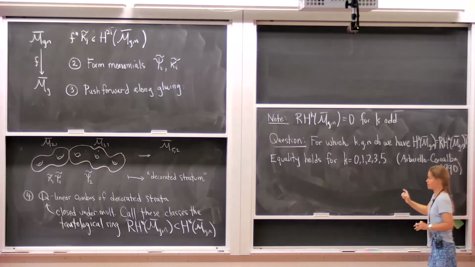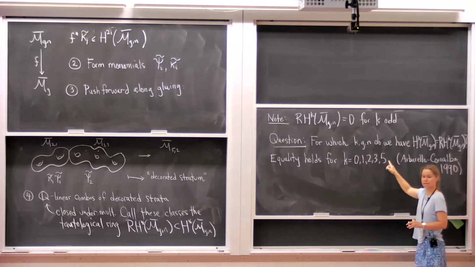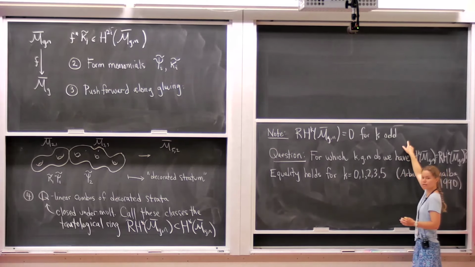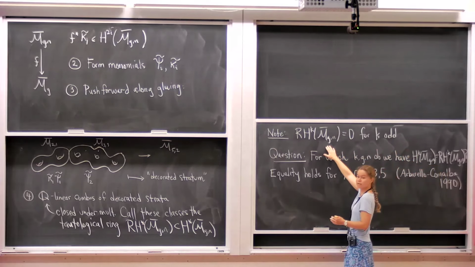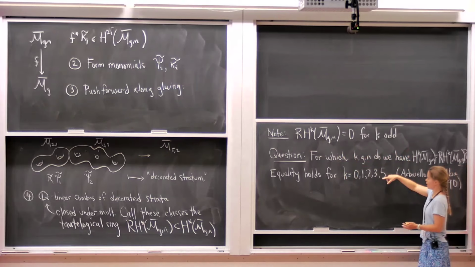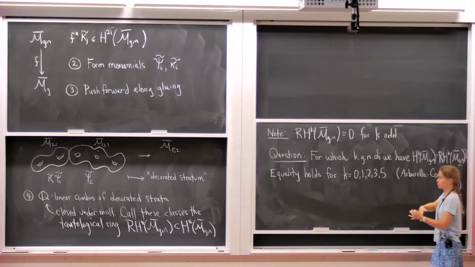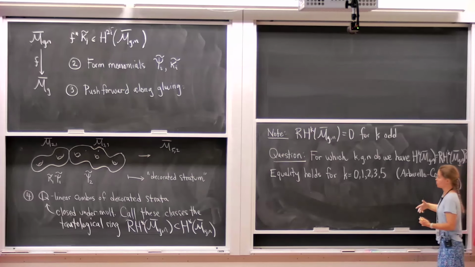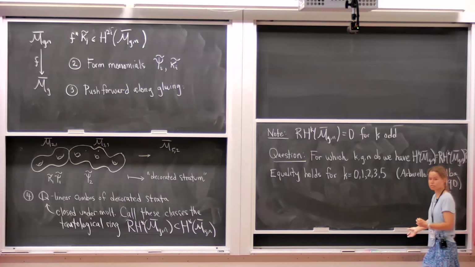You'll notice that they missed 4, but they did get 5. Why is that? It turns out this question is quite a bit easier when k is odd, because then we're just asking for the vanishing. Arbarello and Cornalba said in this original paper they expect that equality should hold for k equals 4, but the combinatorics involved in running their same method was too intricate to carry out.